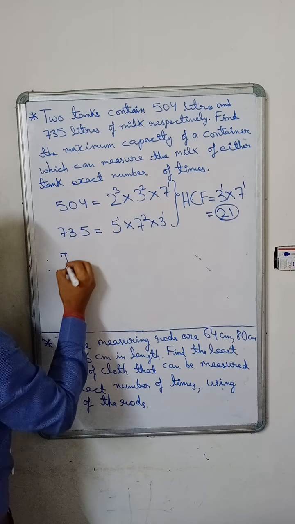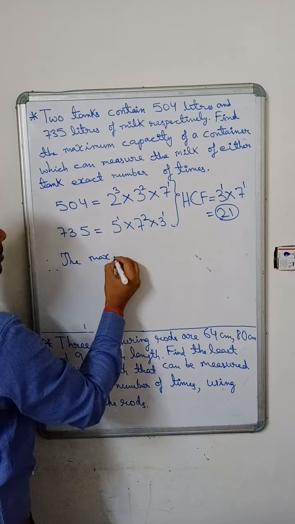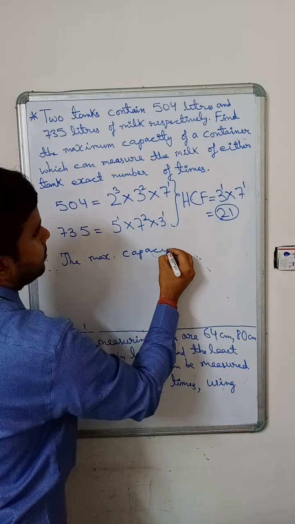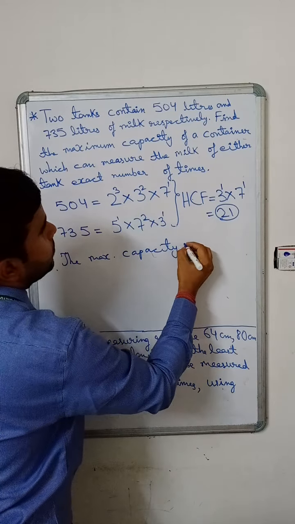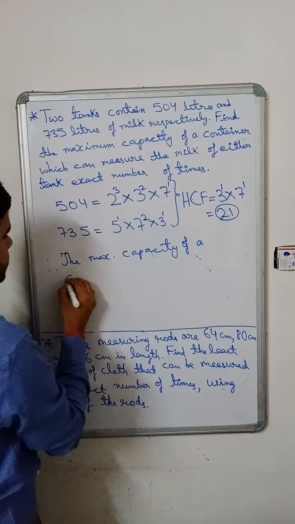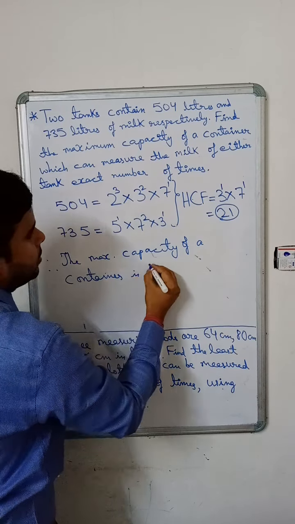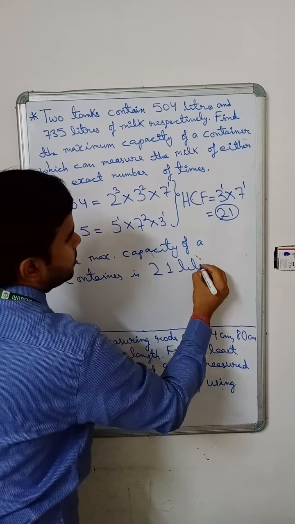Therefore, the maximum capacity of a container is 21 liters.